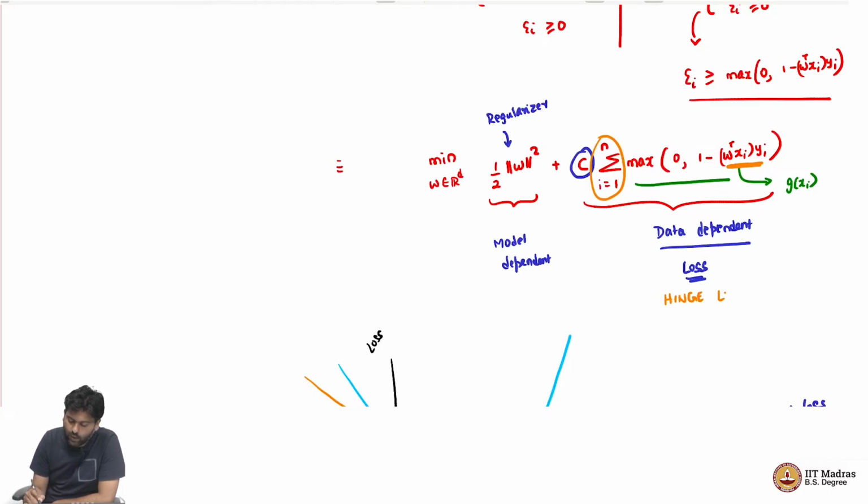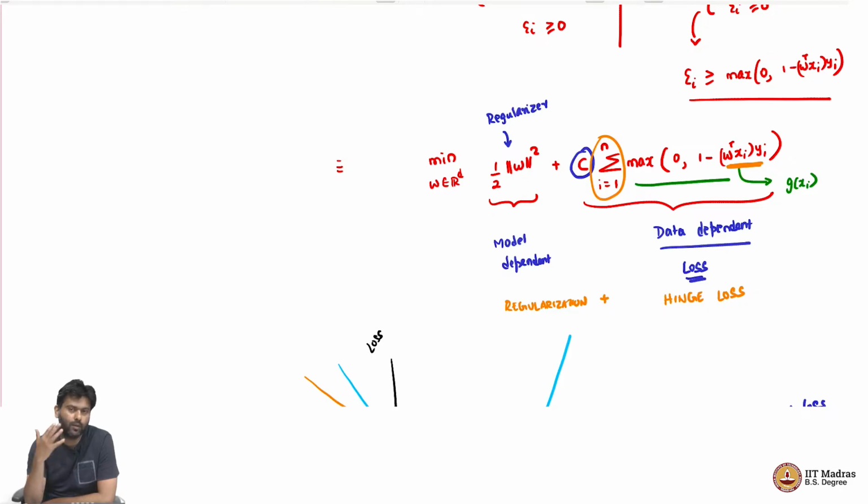It is trying to find a W which minimizes a hinge loss plus regularization, like how ridge regression was solving a squared loss plus L2 regularization. Now SVM can be thought of as minimizing the hinge loss plus L2 regularization.